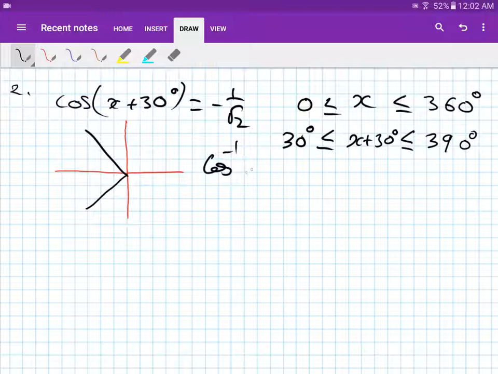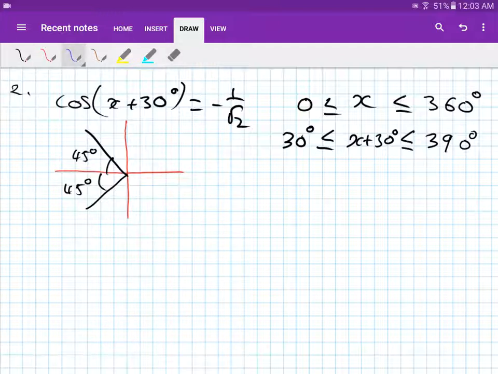Of course, you don't put negative 1 over root 2, because the reference angle is always positive; the negative just tells you which quadrant it is. So inverse cos of 1 over root 2, you should recognize that as 45 degrees. After a while you just need to recognize those. It makes your life easier. So now the reference angle is 45 degrees.